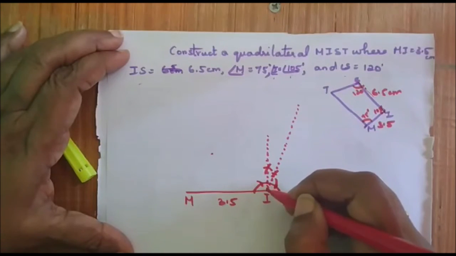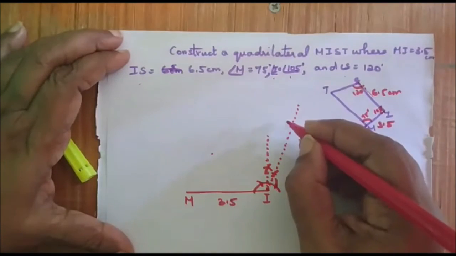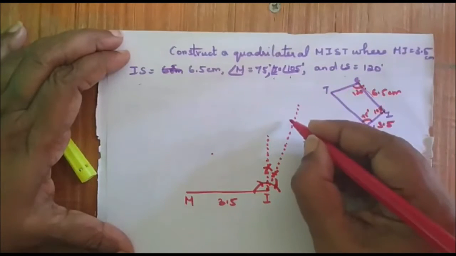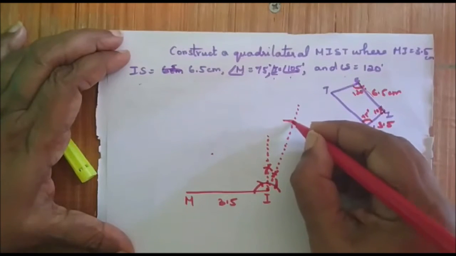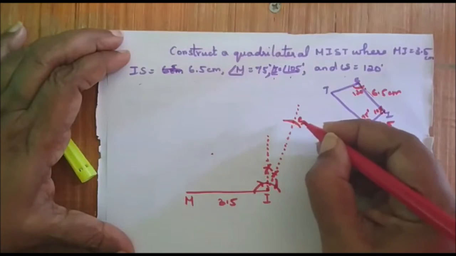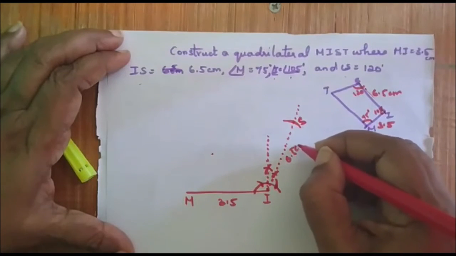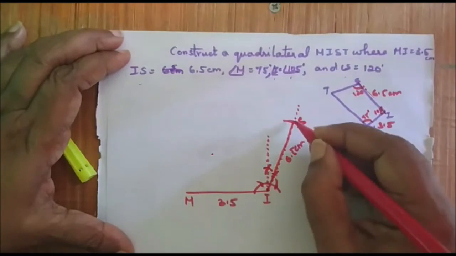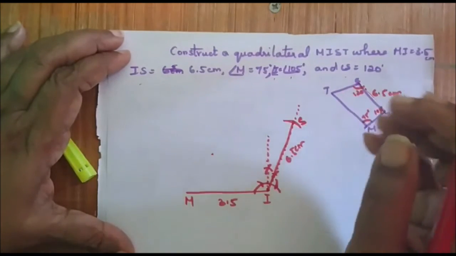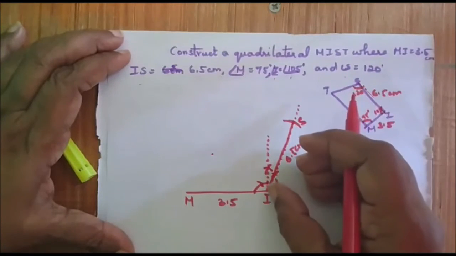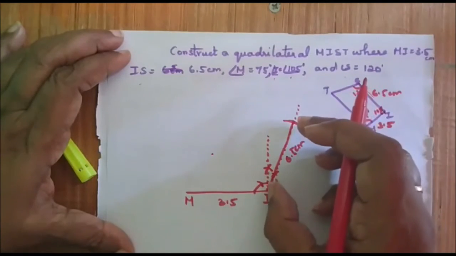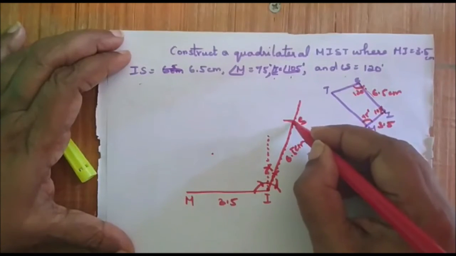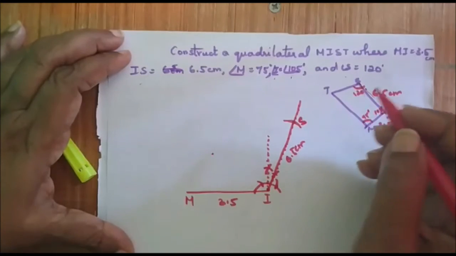So keeping my compass at I, I measure 6.5 centimeters in my compass and draw an arc over here. This length is 6.5 centimeters. So first I drew 105 degrees. Then with I as the center, I measured 6.5 centimeters in my compass and cut this line at S, which is the next point.